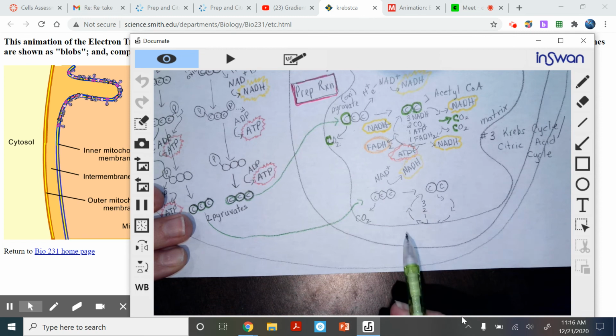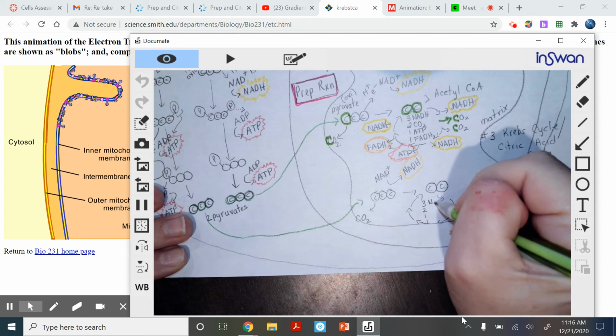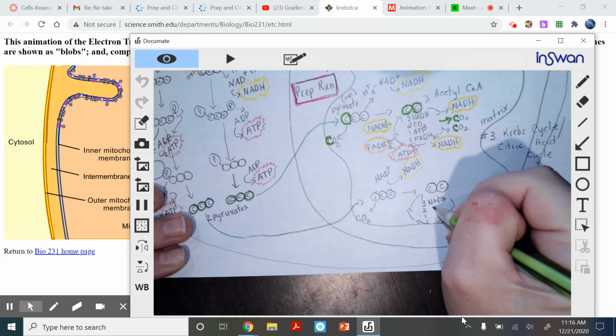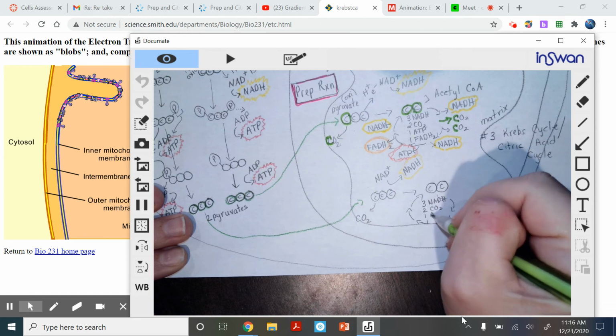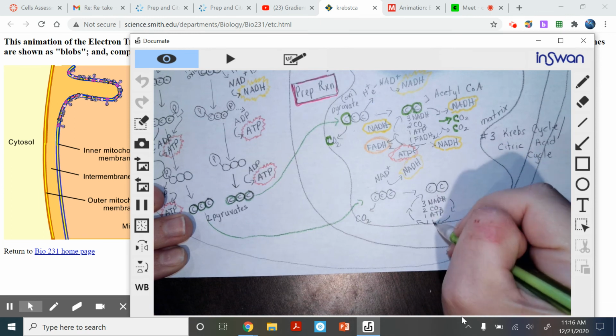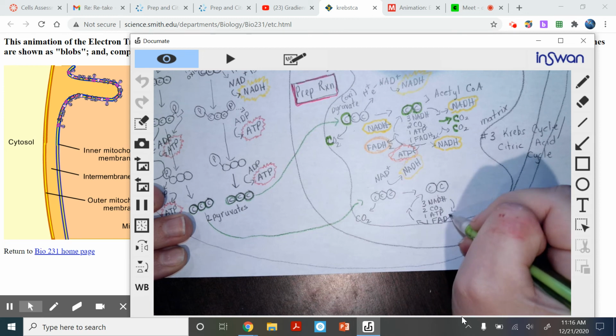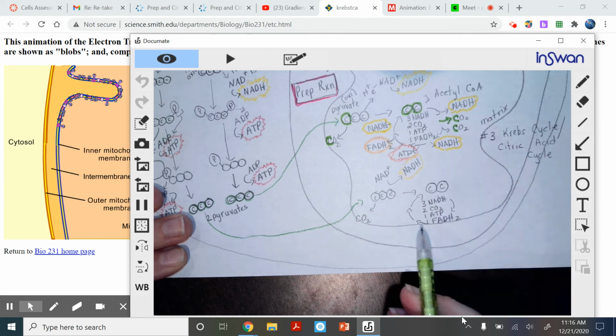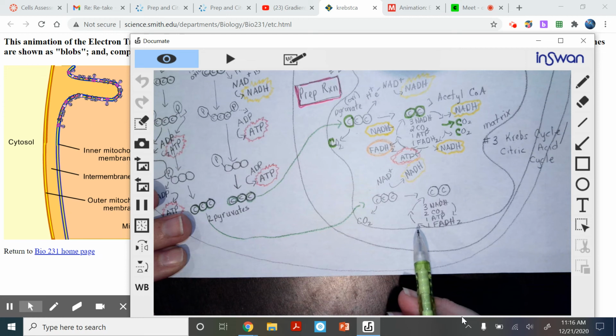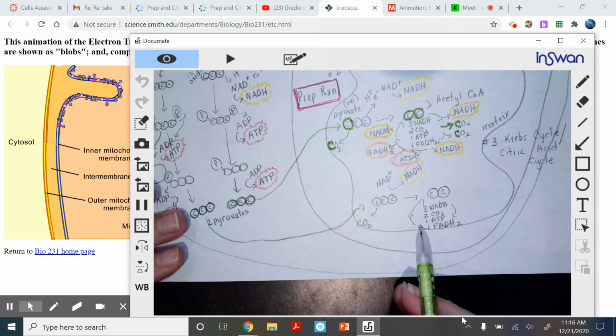And write 3, 2, 1, 1 in there. And again, that was 3 NADHs, 2 CO2s, 1 ATP, and 1 FADH2.